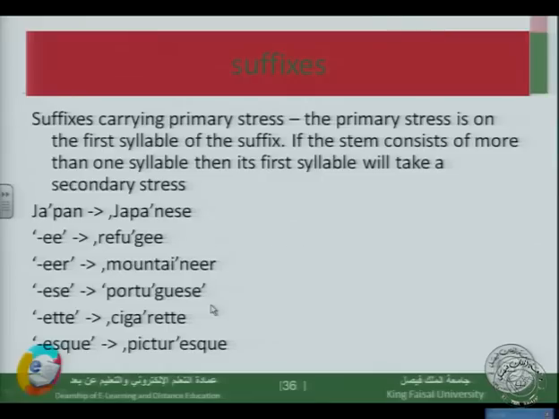The primary stress is on the first syllable of the suffix. If the stem consists of more than one syllable, then its first syllable will take a secondary stress. Notice now: Japan, when we added the suffix, the stress was here; it became Japanese, so the stress moved onto the suffix itself, and this one took secondary stress.